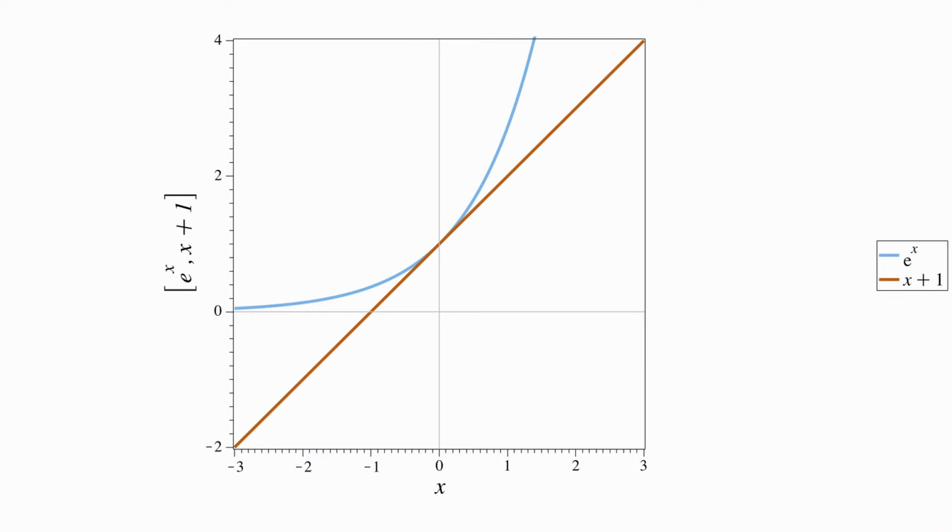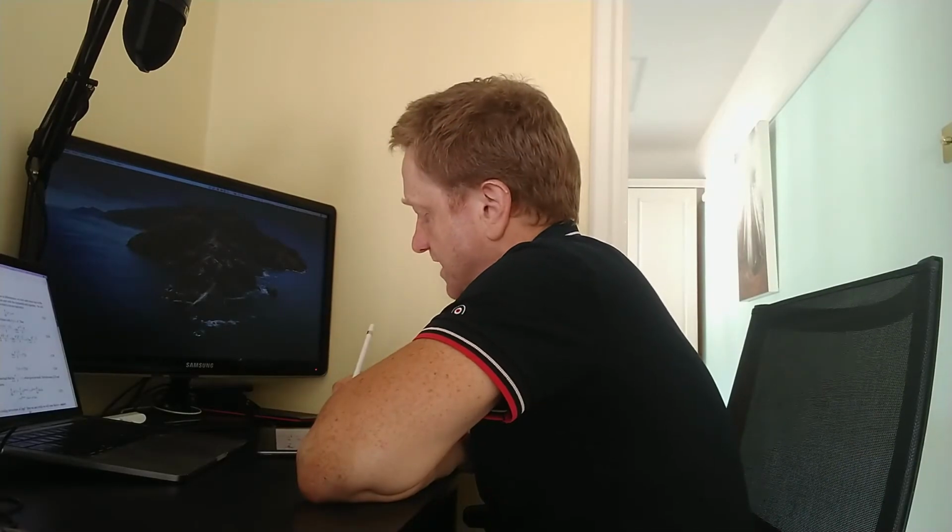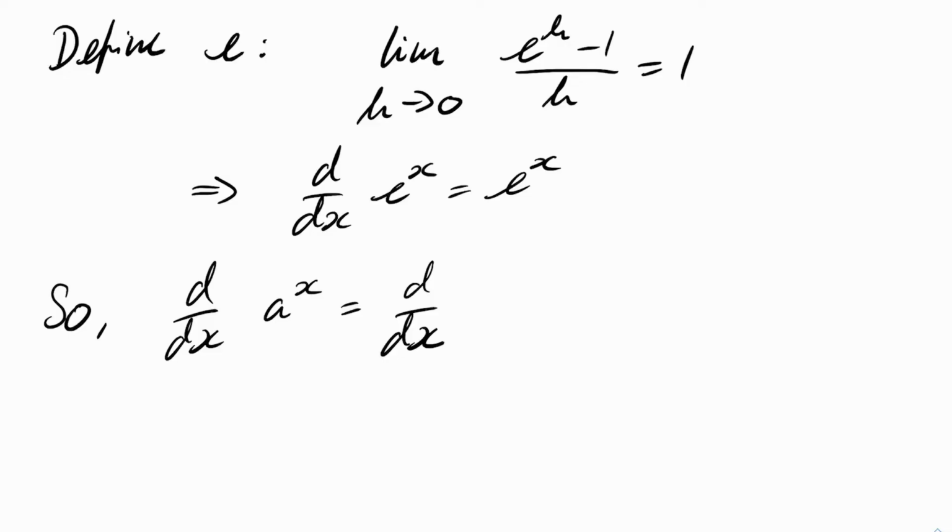Another way to think about this is if we look at the graph of e to the x, the slope as it crosses x equals 0 is equal to 1. What about for a to the x? So using the laws of logarithms and exponents, let's write a as equal to e to the log a. Then we have a to the x is e to the log a times x.